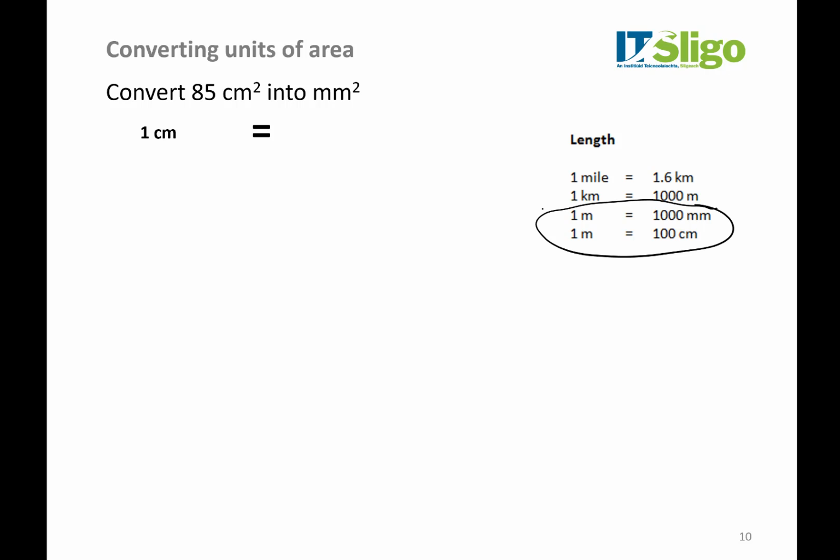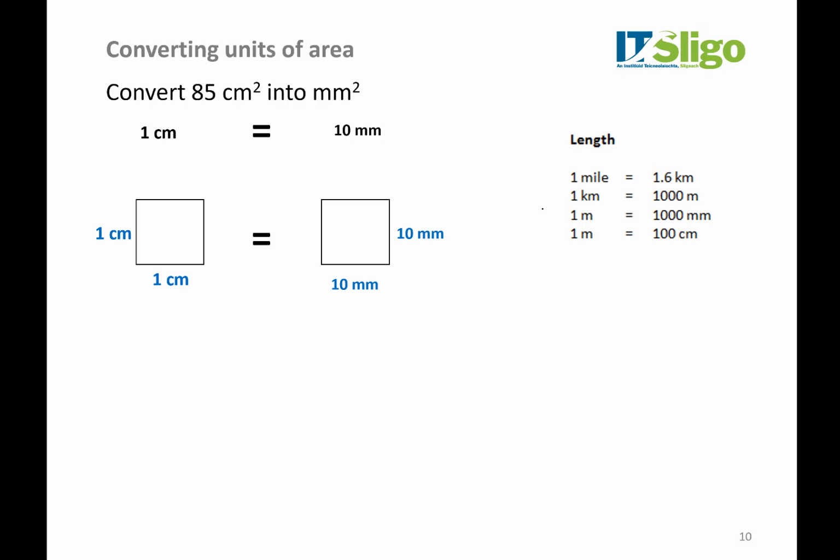From here, guys, we can figure out 1 centimeter is 10 millimeters. So now if we're to figure out what 1 centimeter squared is, we can either draw a wee box like this, or we can just square both sides. I personally prefer drawing the box, but it's a little bit more laborious. This method is quicker and it's very neat.